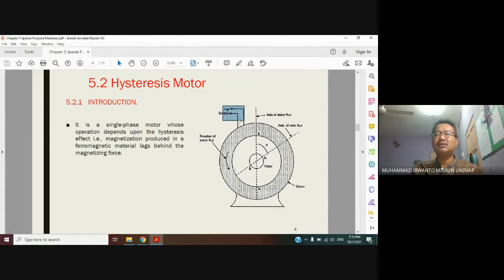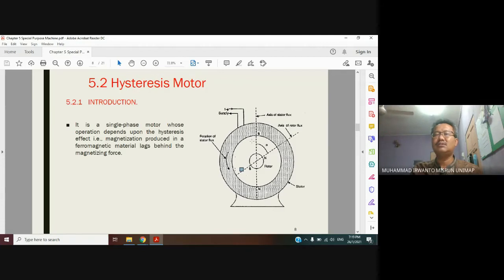The stator will produce the rotating magnetic field and arrive at the rotor. The rotor also produces a magnetic flux, with the direction like this, and the direction of the stator like this.